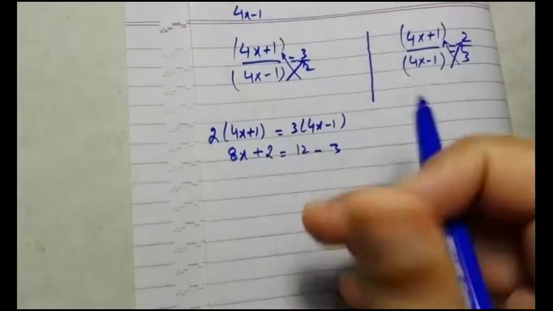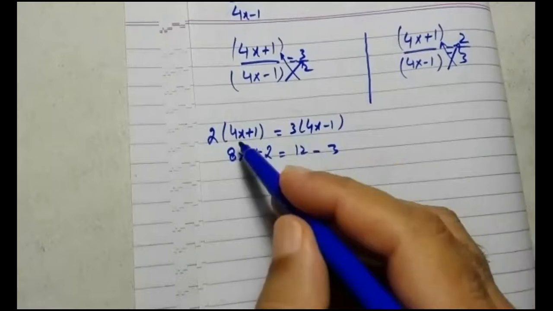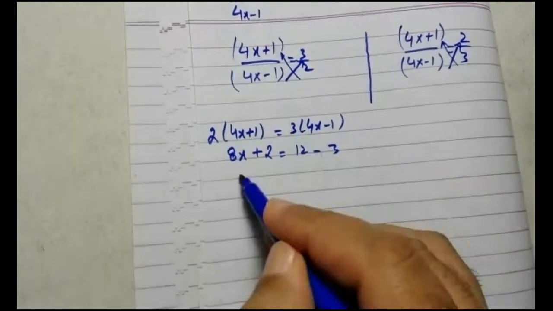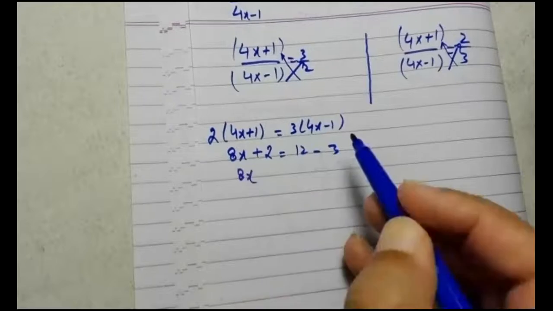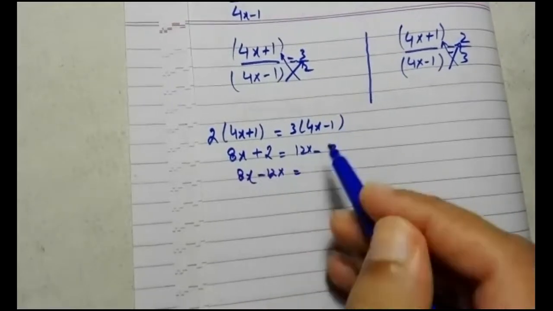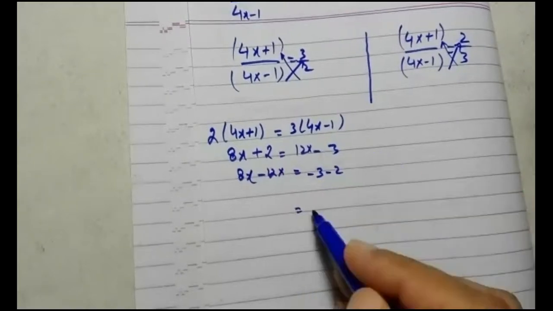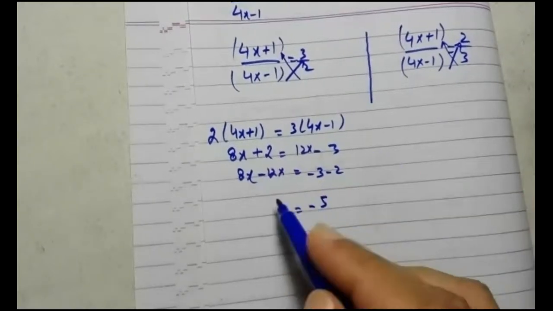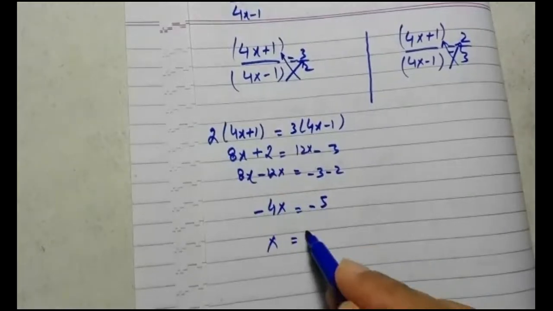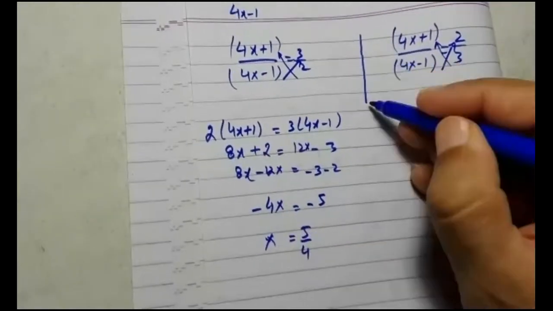Now, by simplifying it further, 8x plus 2 is equal to 12x minus 3. Keep the variable on one side and the constant on the other side. It will become minus 5 equals minus 4x, and x will become 5 over 4. This is the first solution of x.